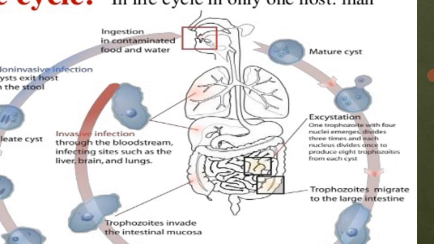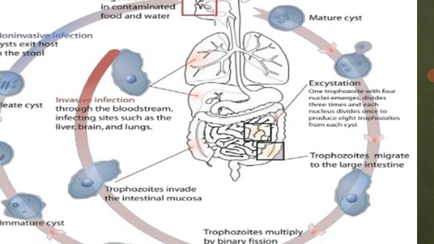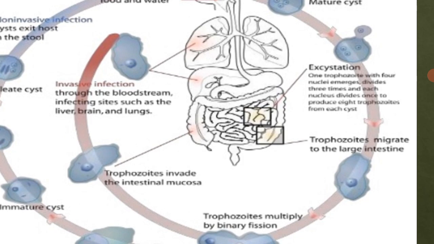You can see a higher number of trophozoites is produced by a single cycle. Therefore, 8 trophozoites from each cyst. After excystation, the trophozoite migrates to the large intestine. The cyst, as we saw in the earlier slide, is present in the colon, so in the large intestine.